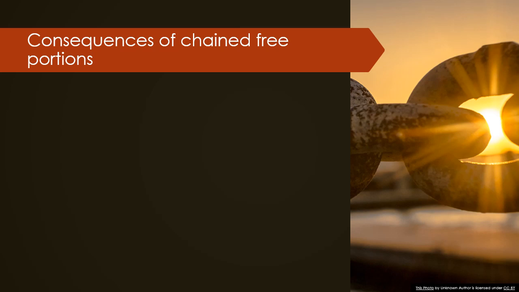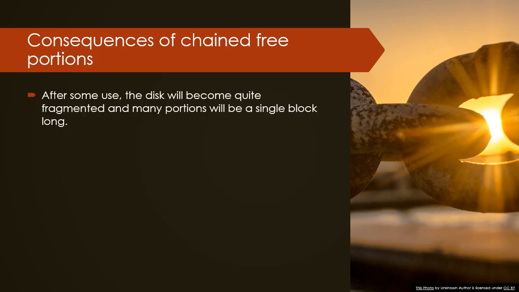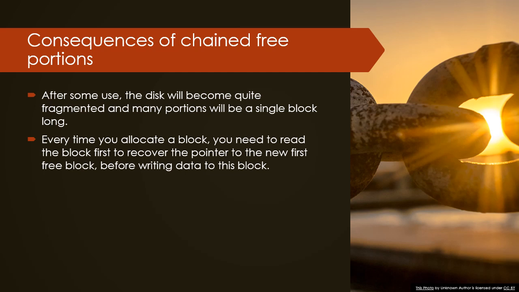Consequences of chained free portions. After some use, the disk will become quite fragmented and many portions will be a single block long. Every time you allocate a block, you need to read the block first to recover the pointer to the new first free block before writing data to this block.